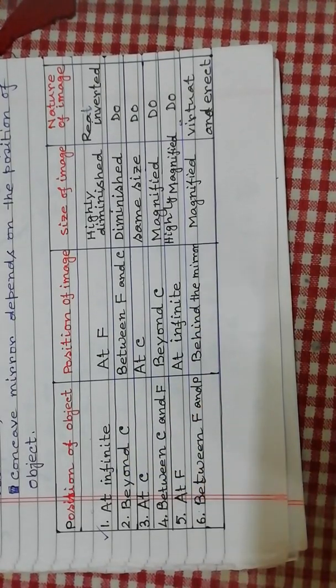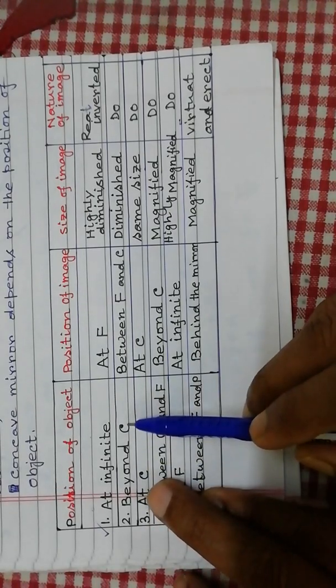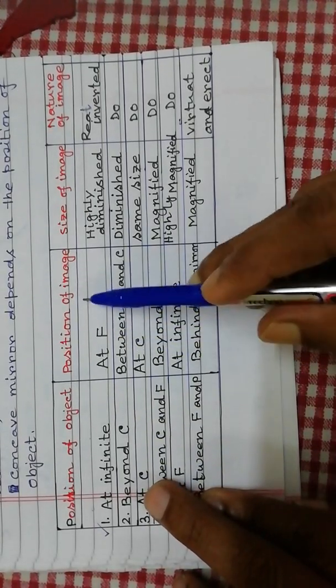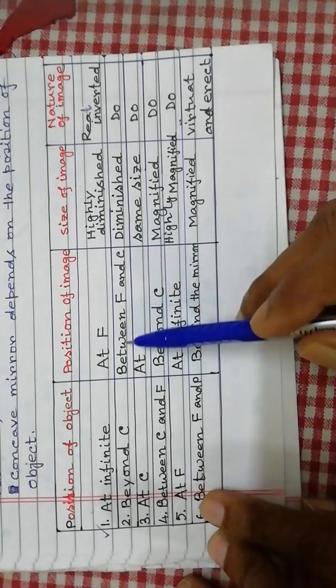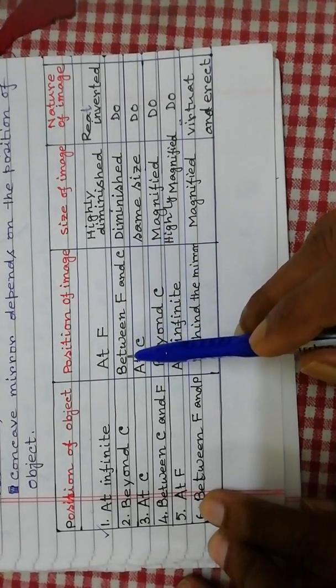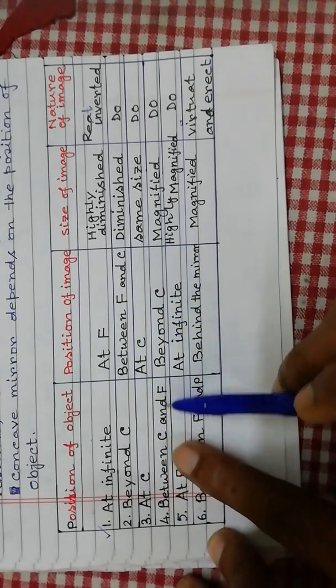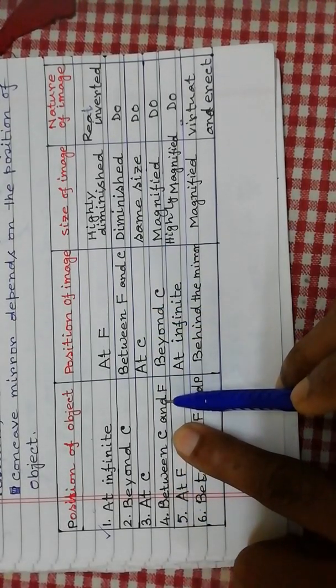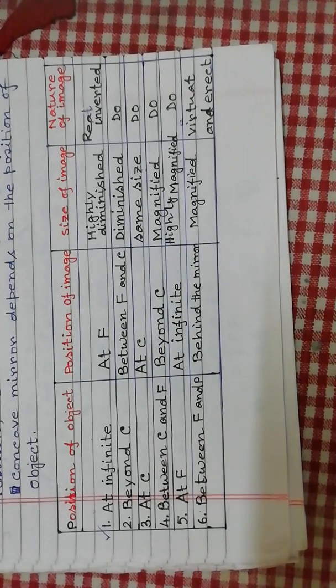Now the second case, object beyond C, then the image is between focus and center of curvature. Now if you put the object between C and F, then where will the image be? The image will be beyond C. So the object position and image position are interchanged.